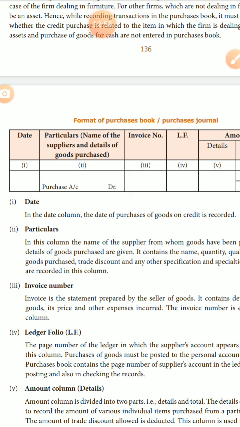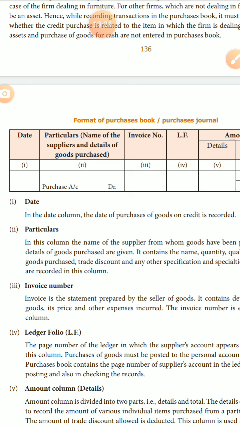It helps in posting and also in checking the records. In ledger folio you enter the page numbers, so that it is easy to identify.